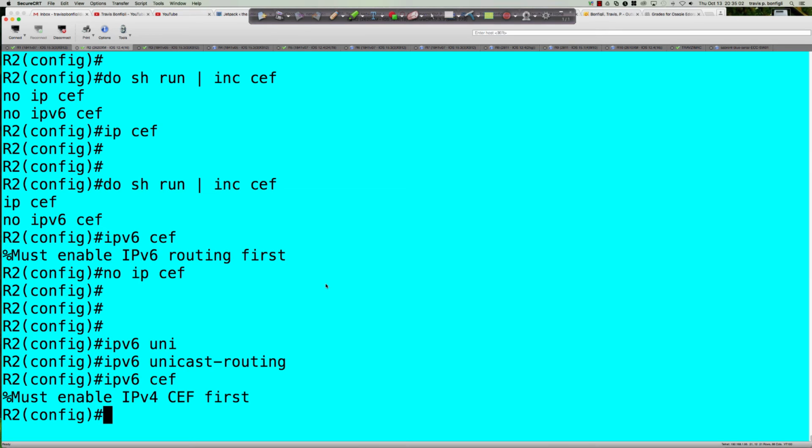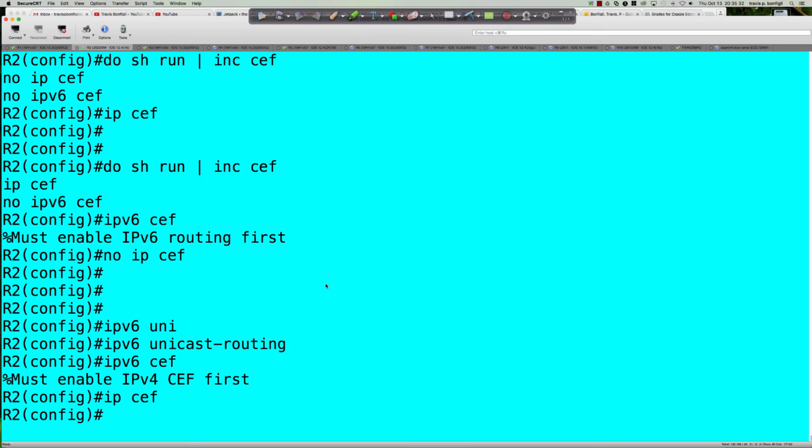So the two requirements that we're looking at when we're talking about CEF for IPv6 is that, one, we have to have IPv6 unicast routing on, and then second, we need to make sure that we have CEF for IPv4 enabled. Again, we've got those two requirements, but once those requirements are met, we'll easily be able to get it enabled.